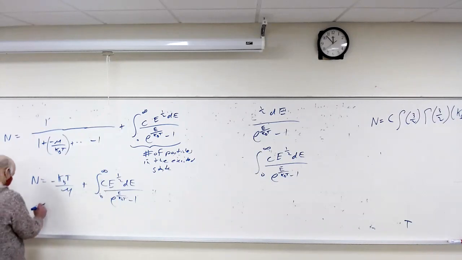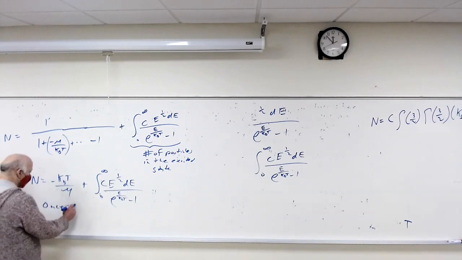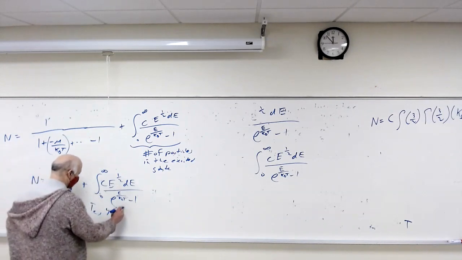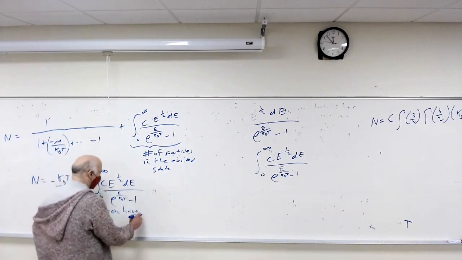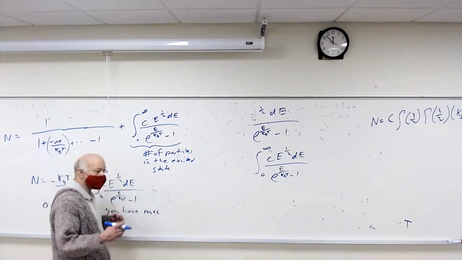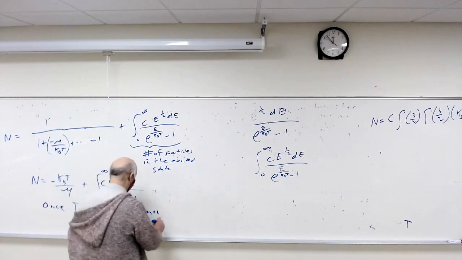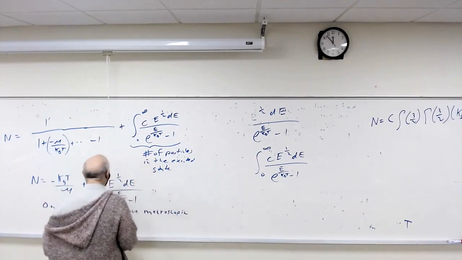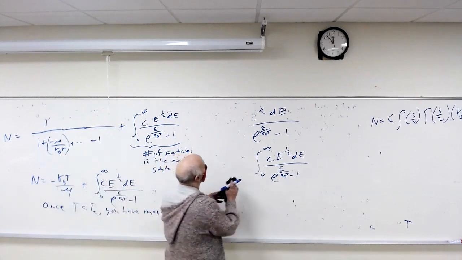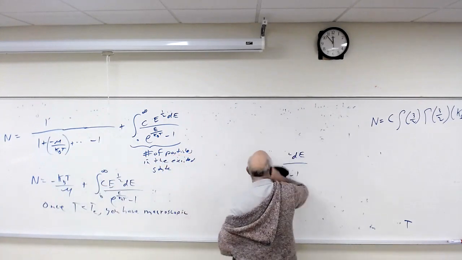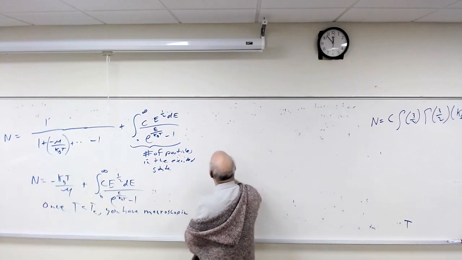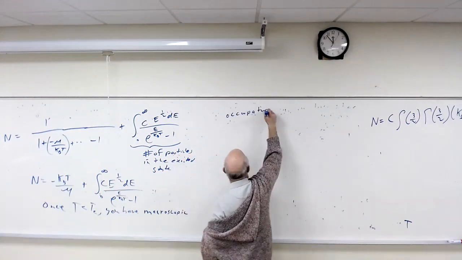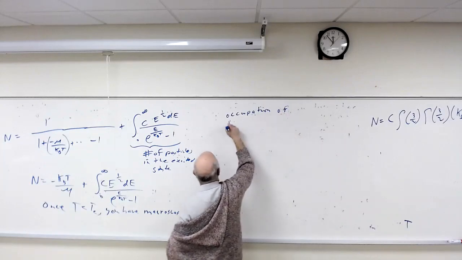So once T is less than TC here, you have macroscopic, meaning a large fraction of the particles, occupation of the ground state.